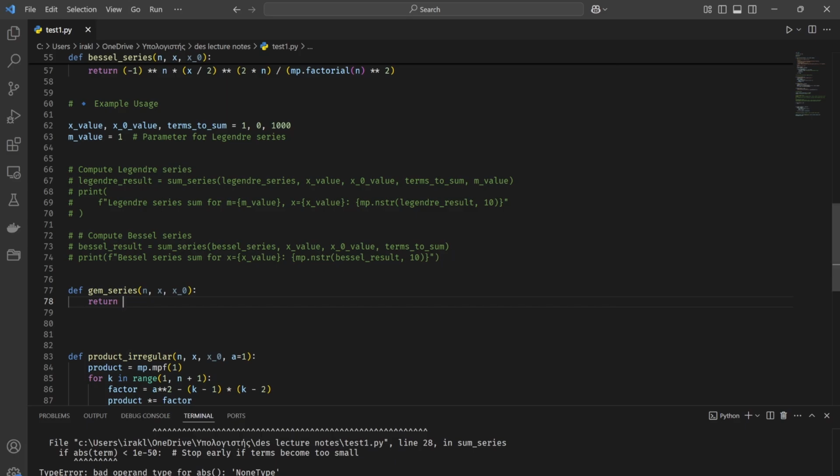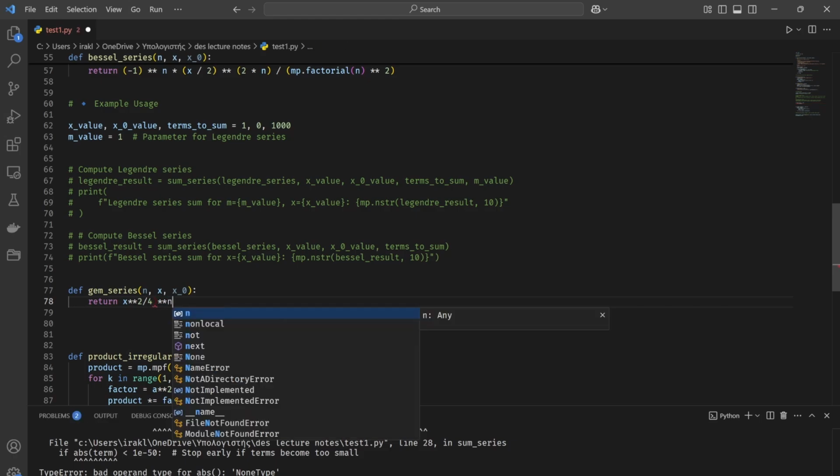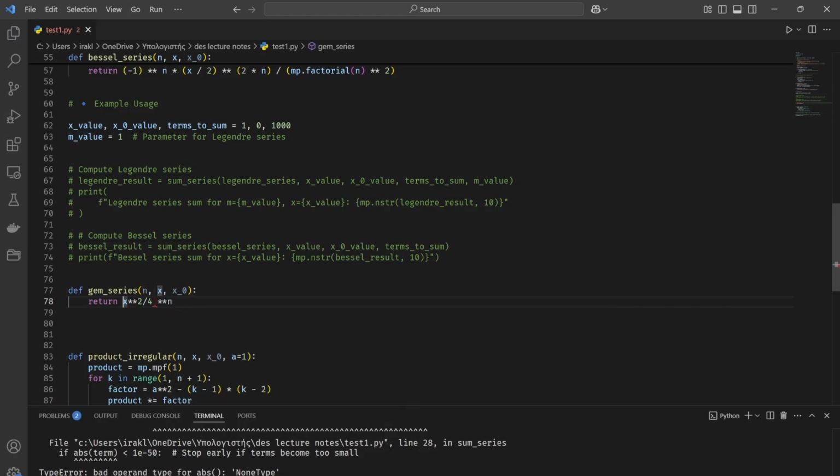So what we had was (x squared over 4) to the n. And I have this ready to sum up all terms, and this is the number of terms we are going to sum. We can choose to sum one term or 10 terms, it doesn't matter, but for a better approximation, the more terms the better.